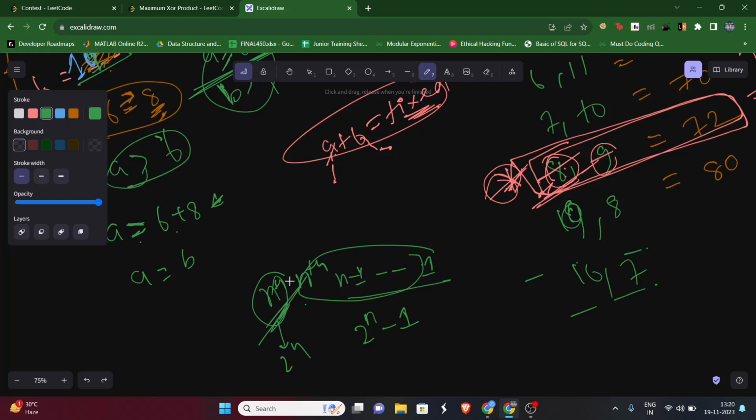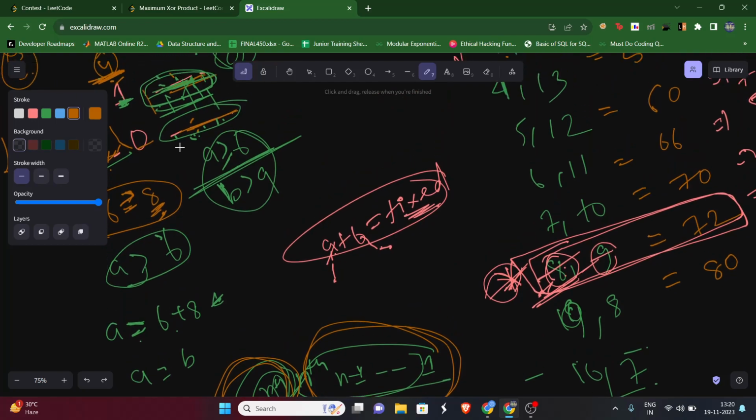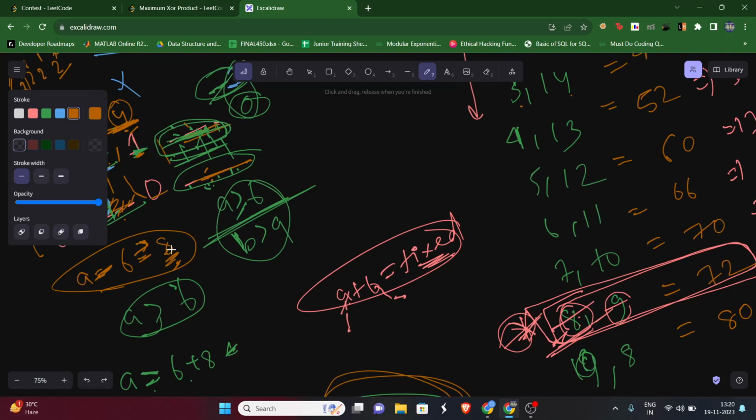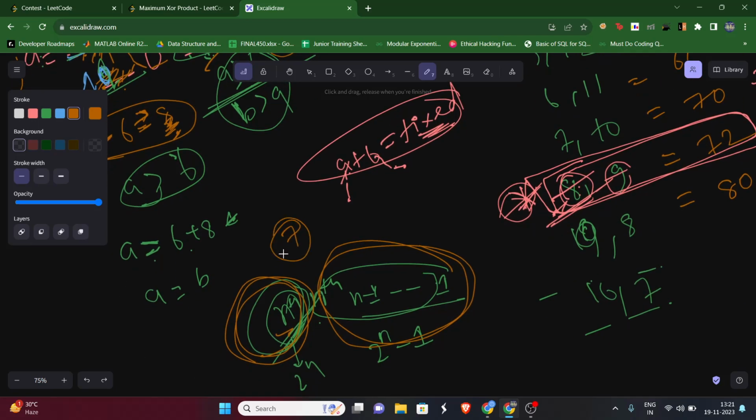So we can see that the value of the nth bit is always greater than the sum of all the bits on the right of it. So if the fourth bit was different, that means the difference we have here is 8. And at worst what can happen is that this all can be 0 and this all can be 1. So even then the difference will be nothing but at max 7.